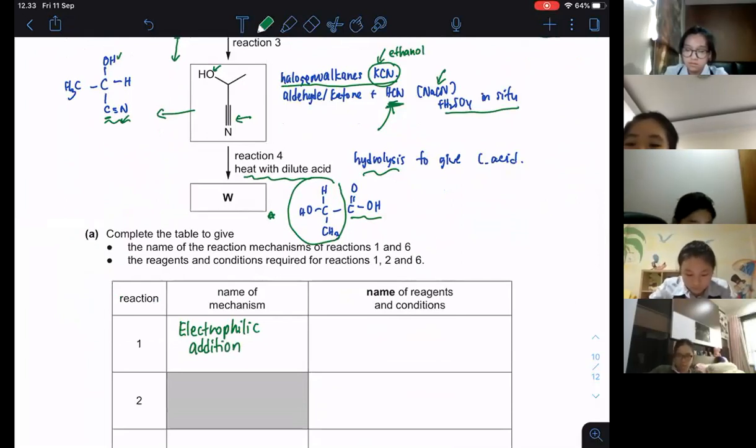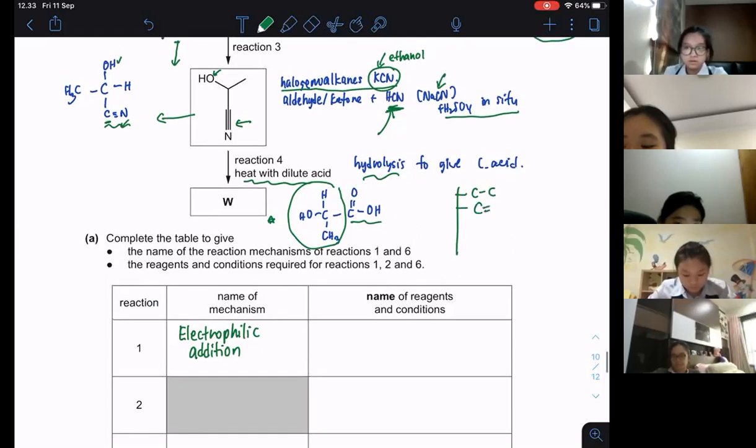Anyway, this is going to be electrophilic addition. Take note: if you have carbon single bond, then it's going to be free radical substitution. Carbon double bond, electrophilic addition. If you have RH, which means halogenoalkane, or if you have alcohol, then nucleophilic substitution.